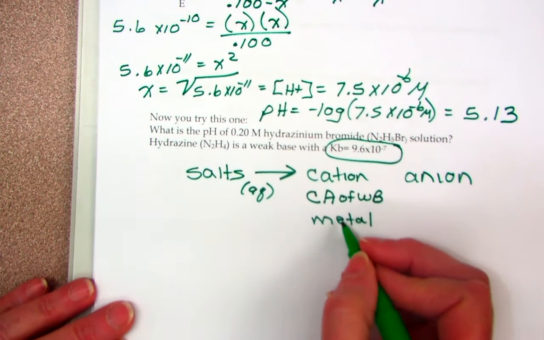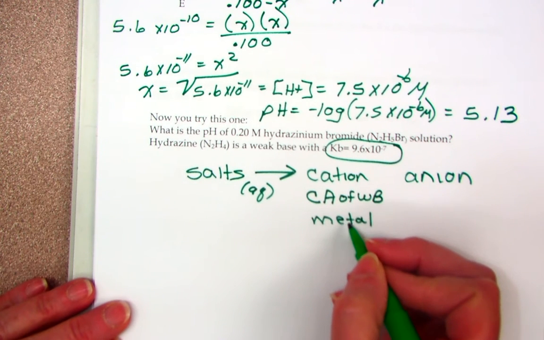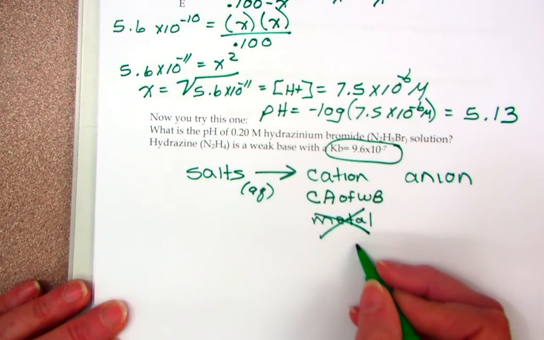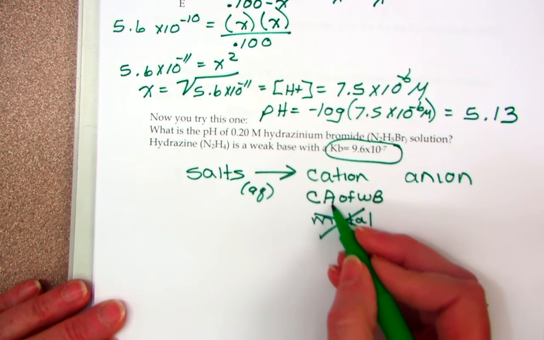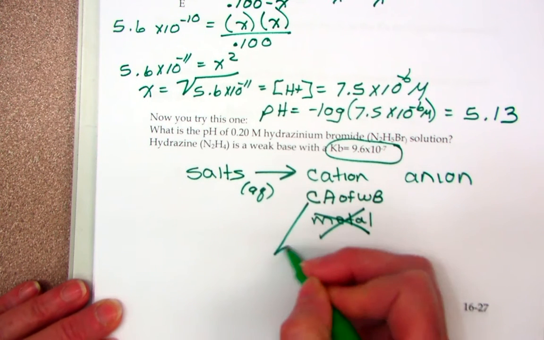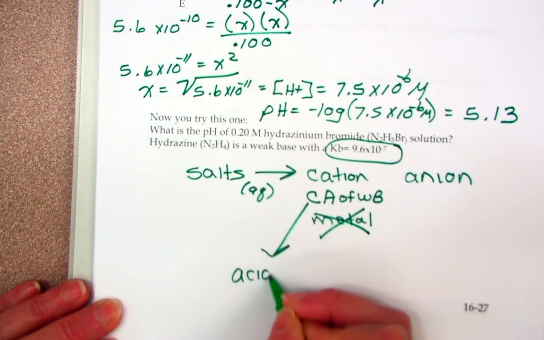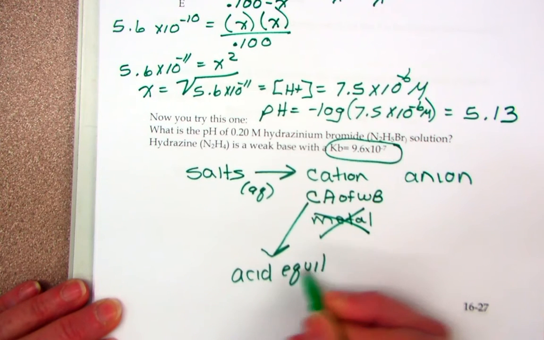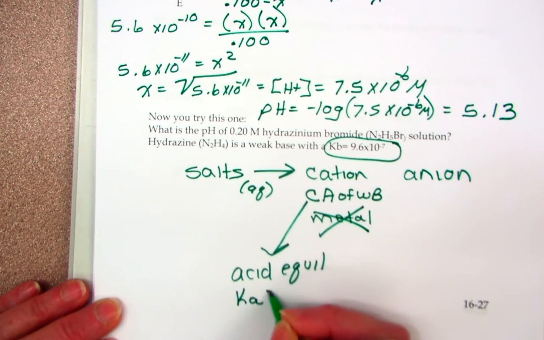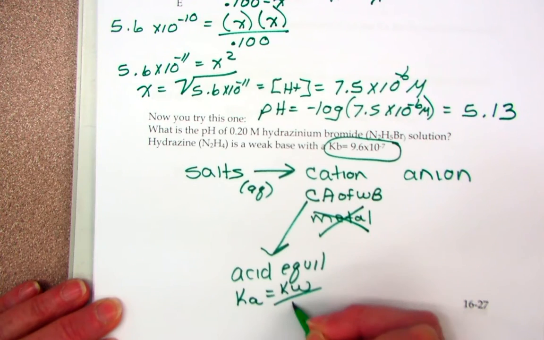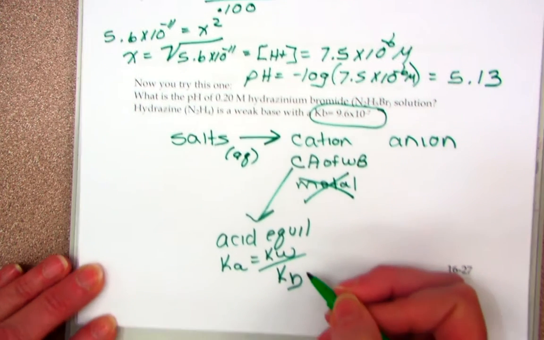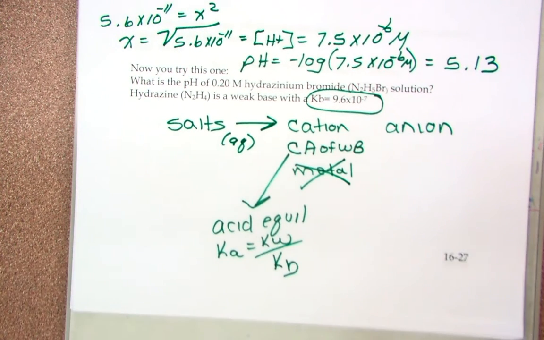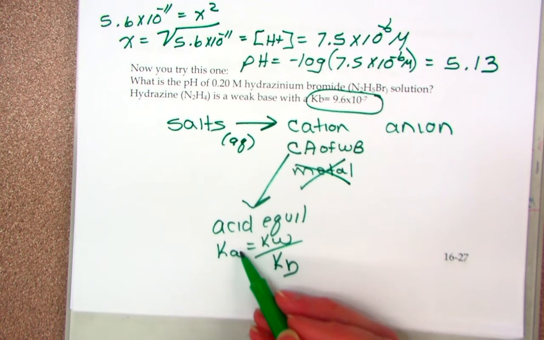If it's a metal, like sodium, potassium, lithium, it has no pH effect and we ignore it. If it's the conjugate acid of a weak base, we set up an acid equilibrium and we find the Ka by taking Kw and dividing by Kb. So maybe the cation has a pH effect, maybe it doesn't. The one we just looked at was an example of a conjugate acid of a weak base. So it had pH effect.